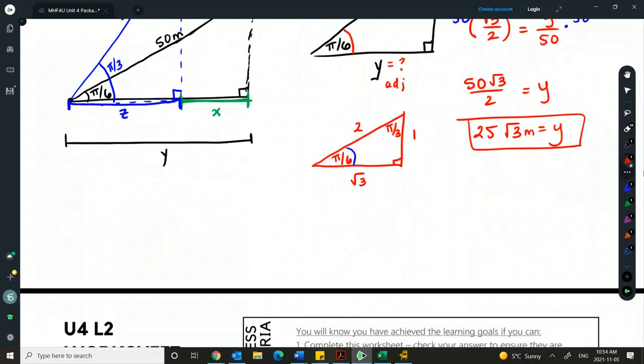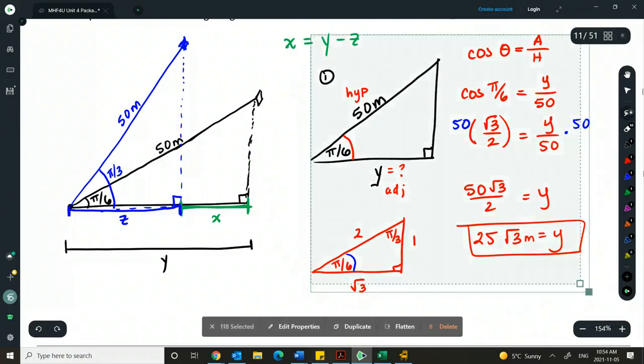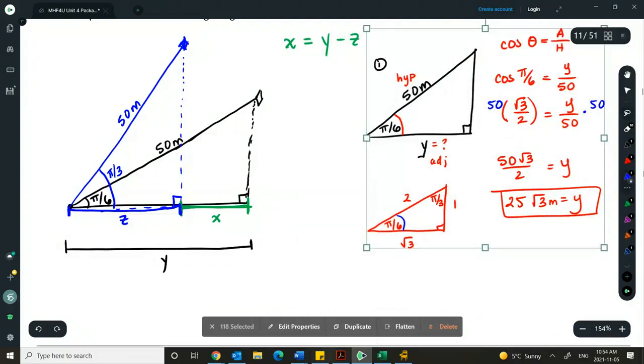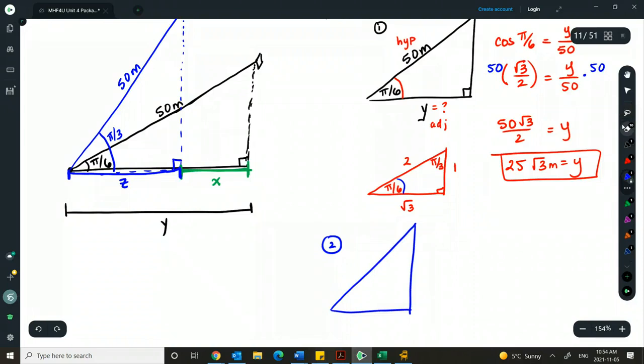Second triangle, let's separate this out. We're going to do the blue triangle below. Okay, so second triangle, blue triangle, is the pi over 3 measurement here.